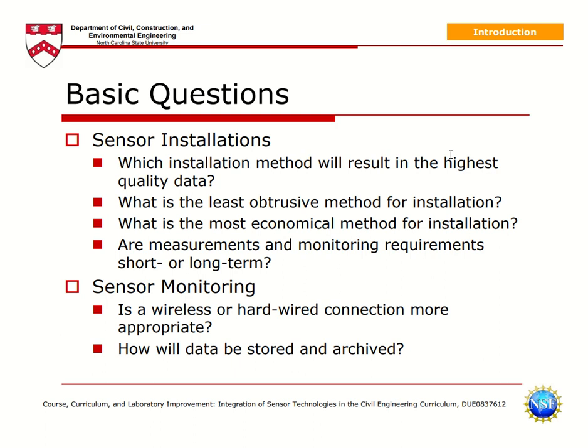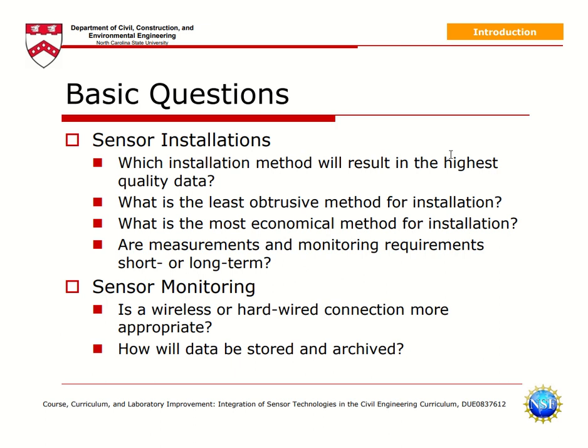What installation method of current sensor or ampere meter will give me the best quality data, right? So you have to identify whether you need to connect the ampere meter in parallel or in series in order to obtain the highest quality data.